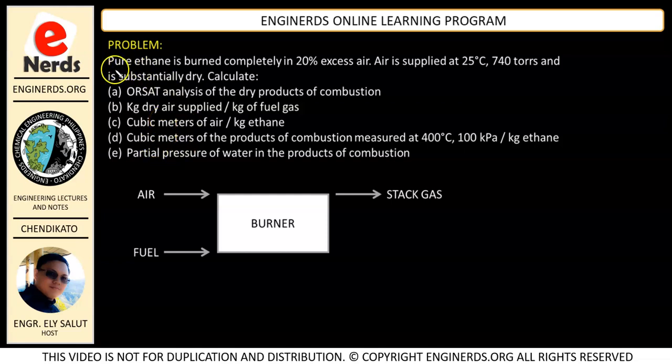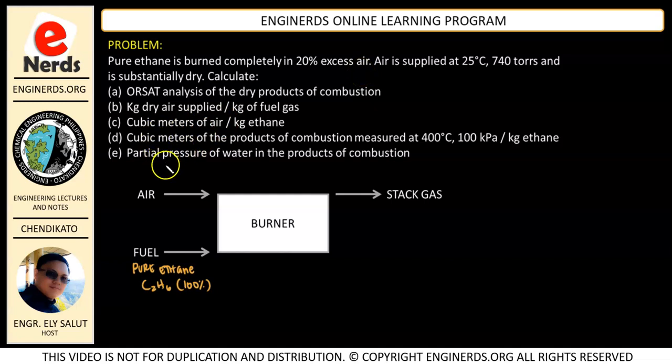Alright, so let us read our problem first. We have pure ethane as our fuel. So let us take note of that. We have pure ethane here, so therefore we have C2H6, which is 100%, because we have pure ethane as our fuel. Now it is burned completely in 20% excess air.